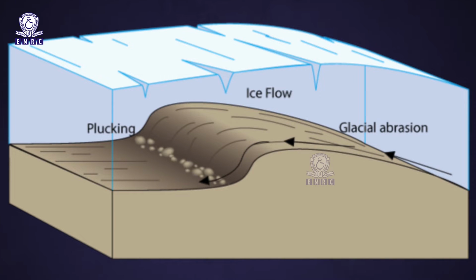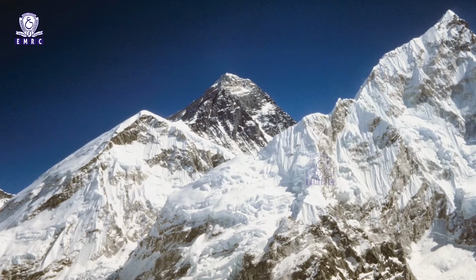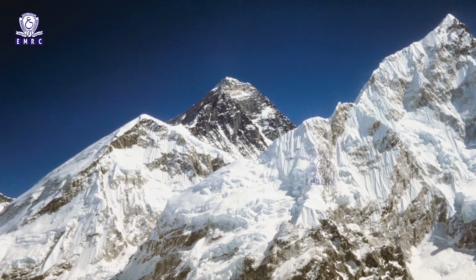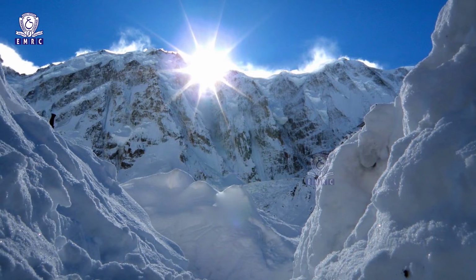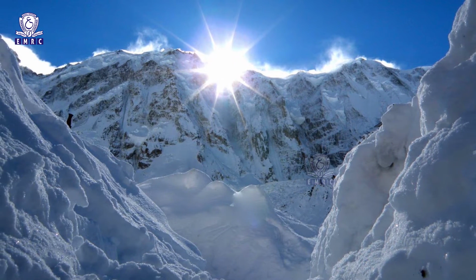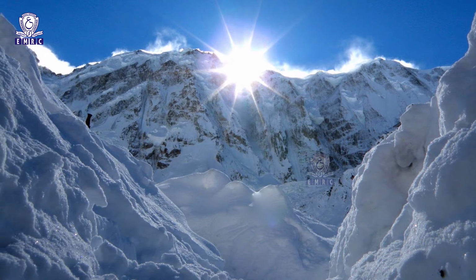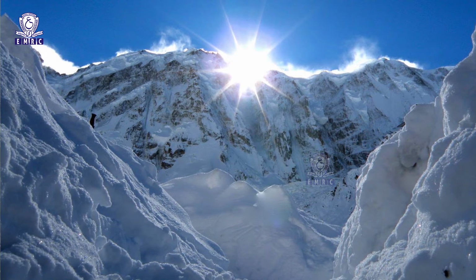Plucking is important in areas with well-jointed rocks, in the areas where blocks of rocks have already been loosened by frost wedging. Plucking produces a characteristically shattered and broken appearance to the landscape. Sapping is the breakup of rocks by alternate freezing and thawing of water at the bottom of cracks between the glacier and the side and floor of the valley.